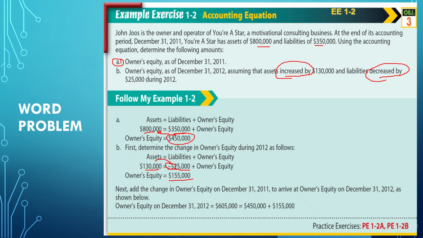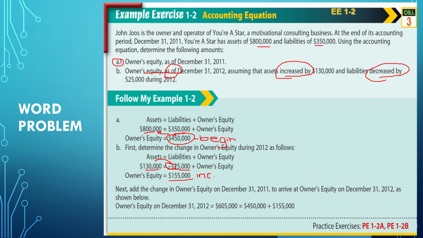Owner's equity changes. Okay, the owner's equity increased by 155. So the question is, how much is the owner's equity as of the end? Meaning it's the beginning plus the increase. So the beginning balance is this one, right? This is the balance on December 31, 2011, last year.